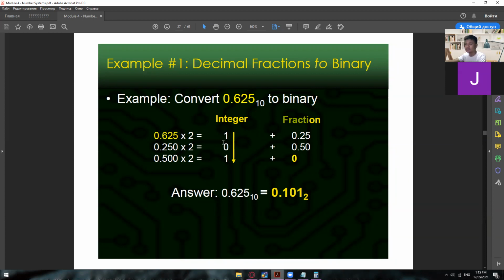So we have a final answer of 101. Since we're talking about decimals, this one will be in a decimal format, so 0.101 base 2. That's the equivalent value of this decimal if you convert it to binary.